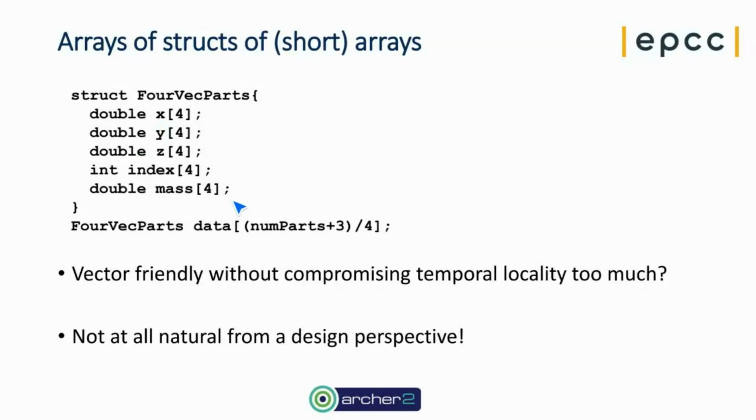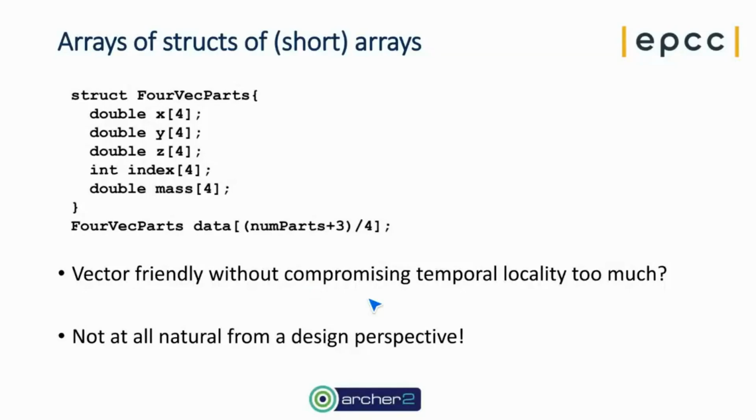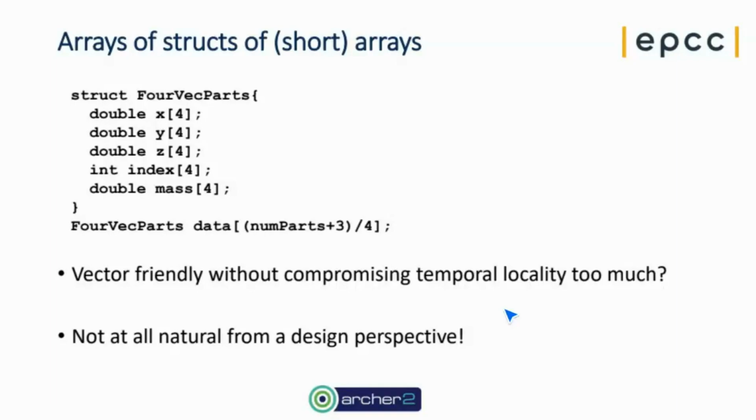So this might be some compromise which is vector friendly. You can get good vectorization, because you're going to be accessing contiguous elements of these arrays on subsequent loop iterations, without compromising the temporal locality too badly.